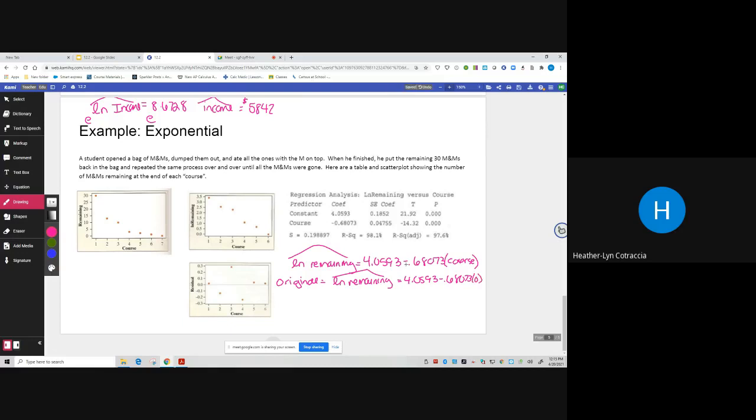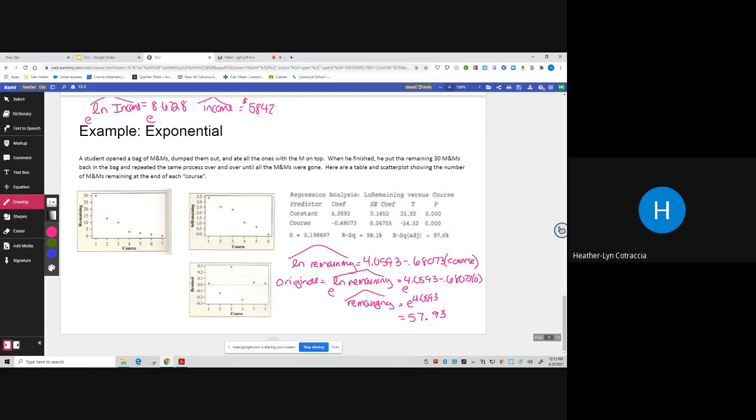And just like in that last question, when you want to undo a natural log, you E both sides. So we would have the remaining, in this case, the beginning, started would be equal to E to the 4.0593, which would give you approximately 57.93 as your way to transform it.